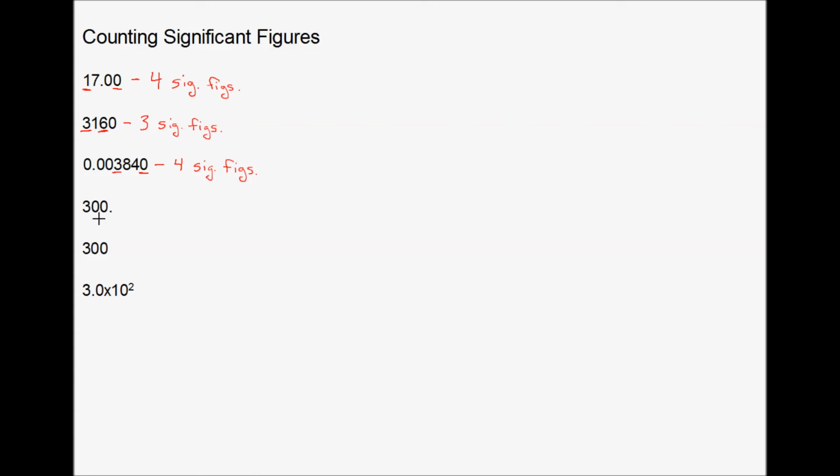Here's 300. The first significant digit in this number is this 3. Because there is a decimal point, the last significant digit in this number is this last 0, and so this number has 3 significant figures.